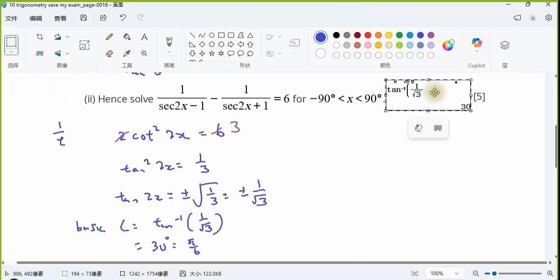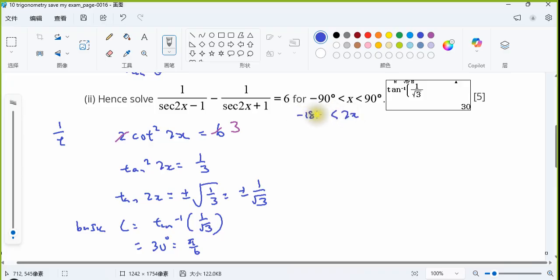And then 2x is between negative 180 and 180. So ASTC, because we have plus minus, then we take all. So the 2x will be 30 degree, 150.